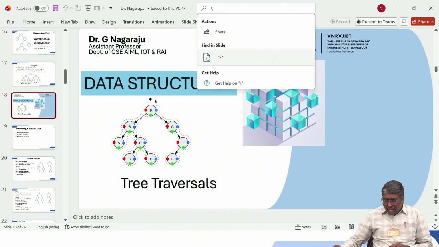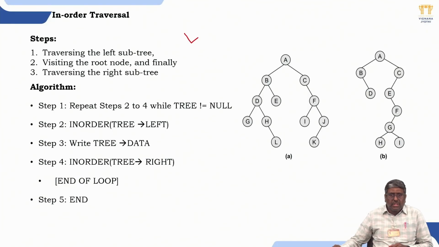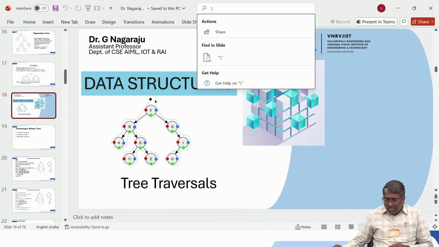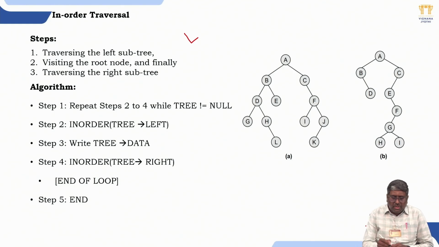The algorithm for the in-order traversal is: first we visit the left children, then we visit the node, then we visit the right children.